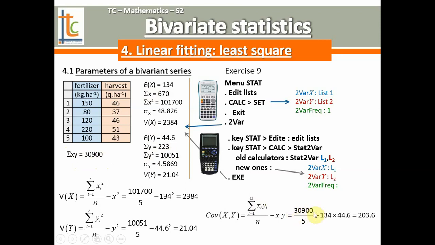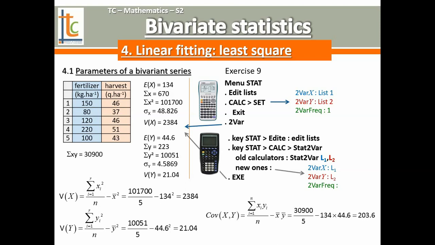So this value divided by 5 minus the product of the average values, 203.6. What can be interpreted from the covariance in itself is not its value, but its sign.